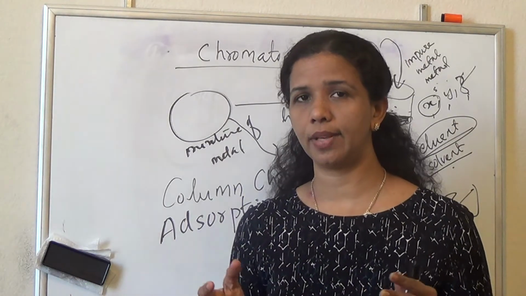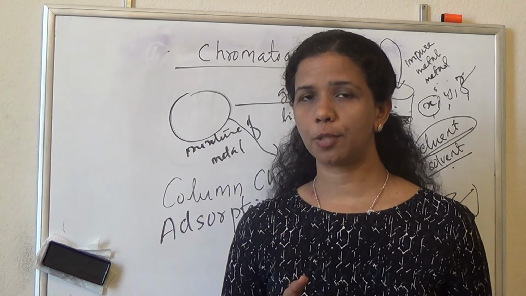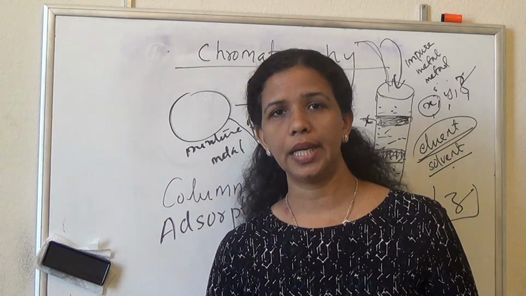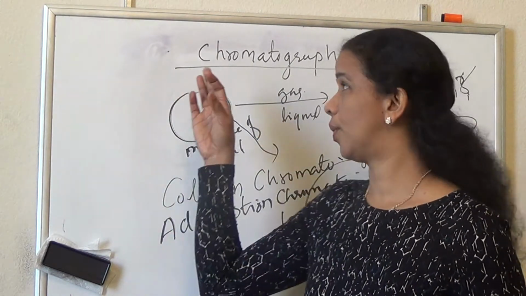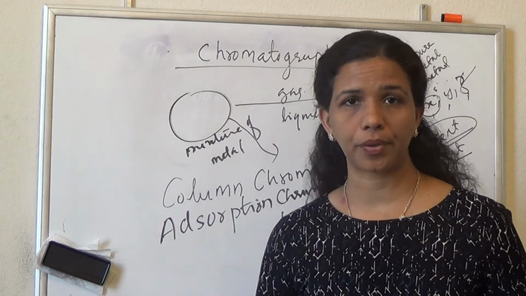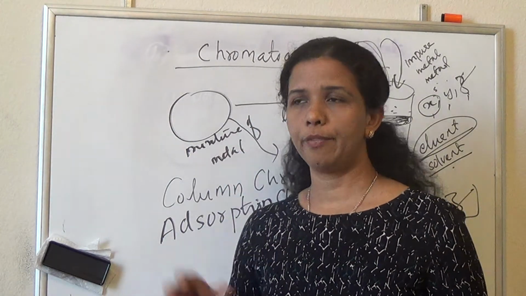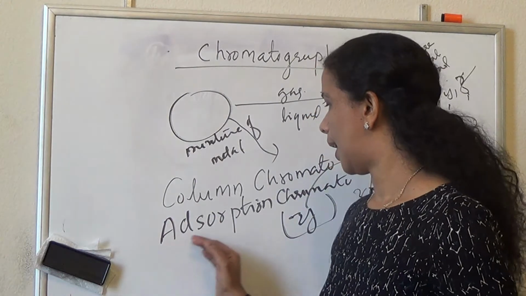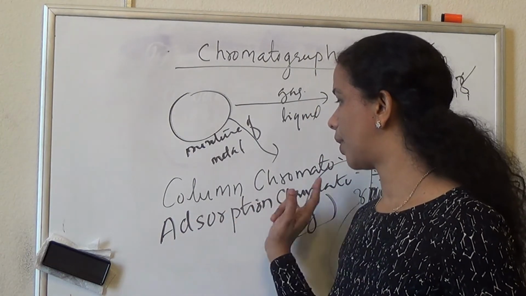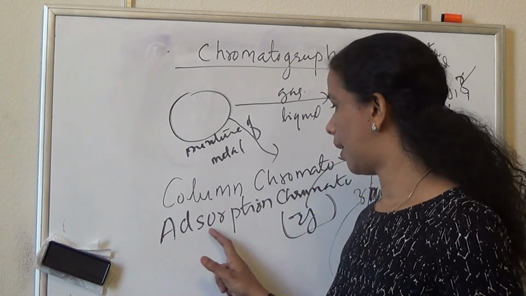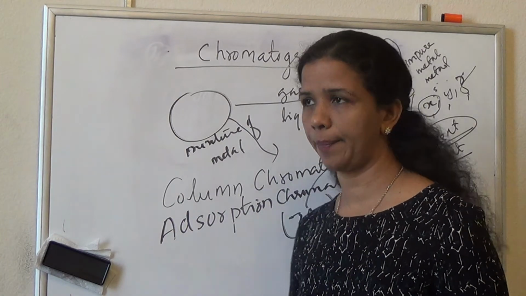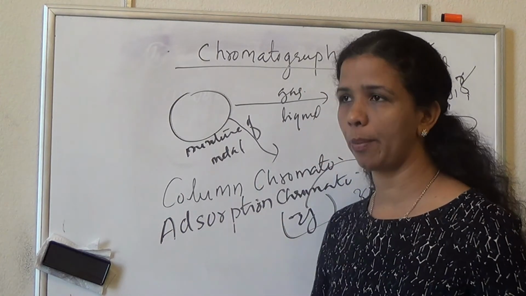There are two methods we discussed, that is the Mond process and the Van Arkel method, and the last but not least is the chromatographic technique. There are so many techniques in chromatography. We discussed only one, column chromatography, which comes under adsorption chromatography.